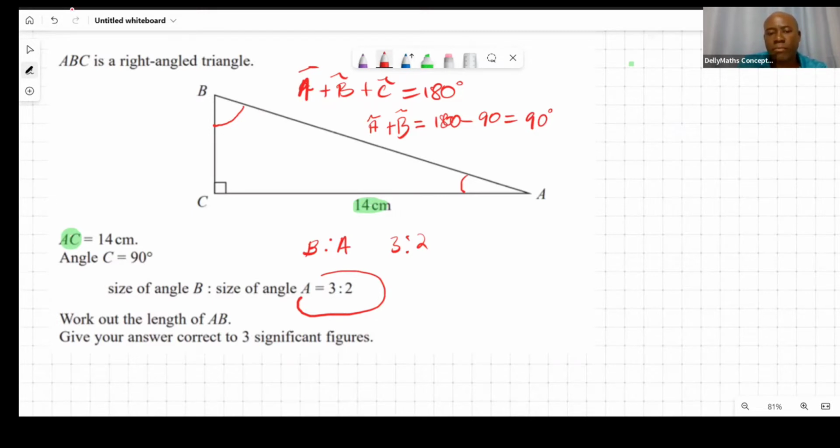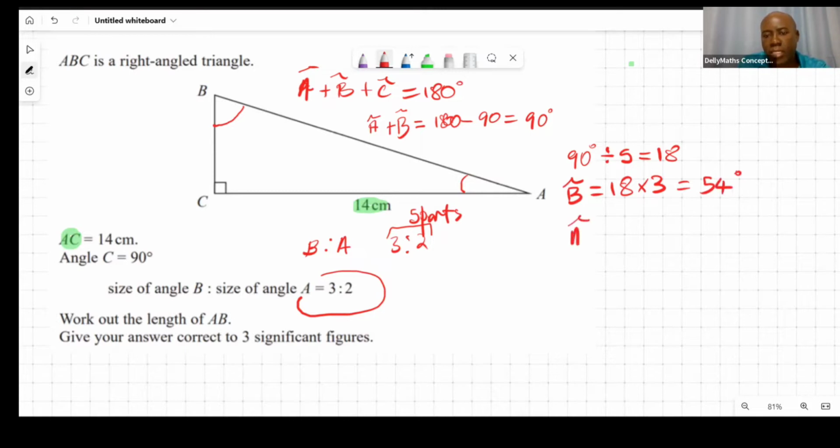So let's look at this. This is a total of 5 parts. So 3 to 2 is 5 parts. What we want to do is divide that 90 degrees into 5 equal pieces, and we'll get 18. Now, the angle at B will get 18 times 3, which is 54 degrees.